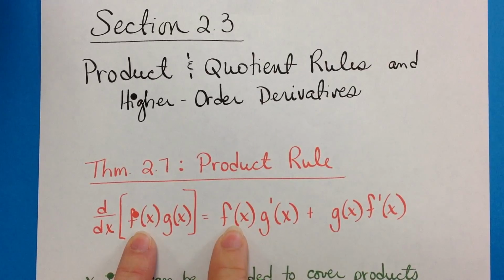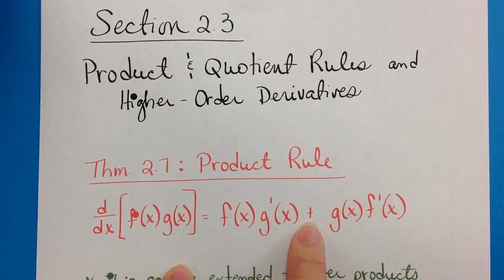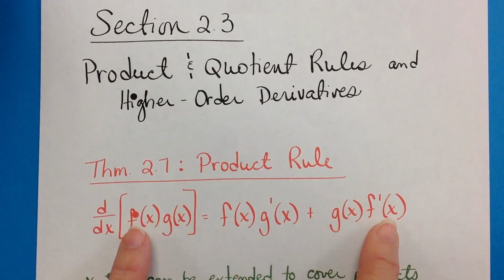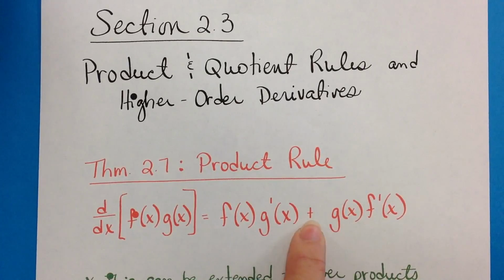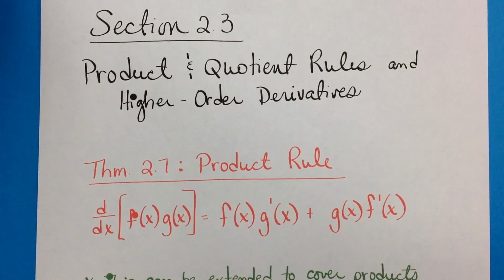You would just write it down like it is. And then you multiply that times the derivative of the second function. So see, here's that derivative notation. And then you're going to add, and then you take the second function as it is and multiply it times the derivative of the first function. Now, since this is addition, if you get these two sides flip-flopped, it's fine because it's addition. It would be the same thing.